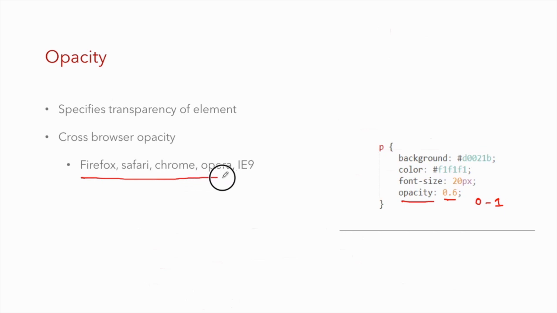All the modern browsers can make use of this, but in some cases of older versions, we will require a different keyword. I'll specify that in a bit. So when you specify opacity equal to 0.6, this is how your output would be. You can see that this particular element is slightly opaque now, and this element is slightly transparent now.